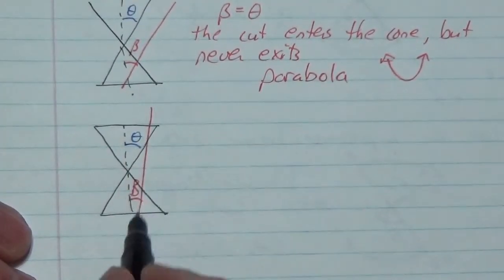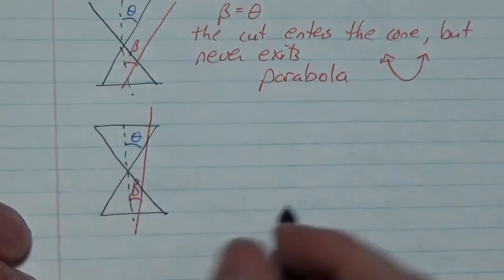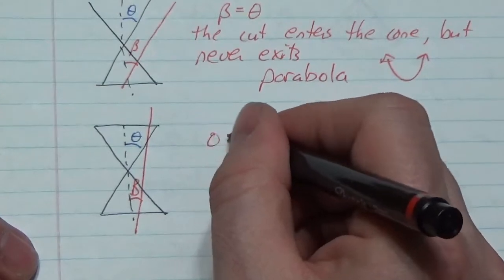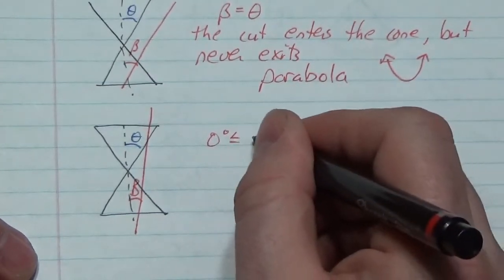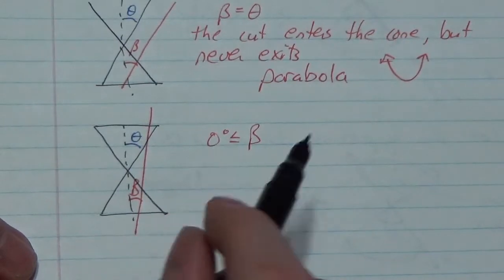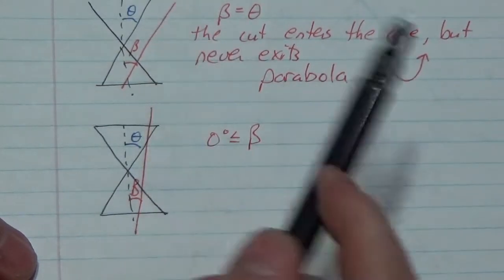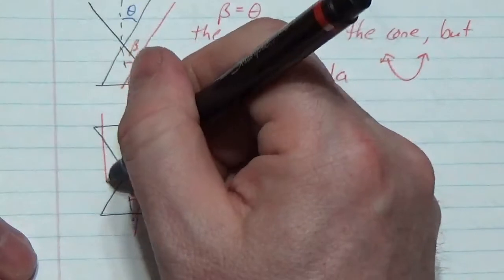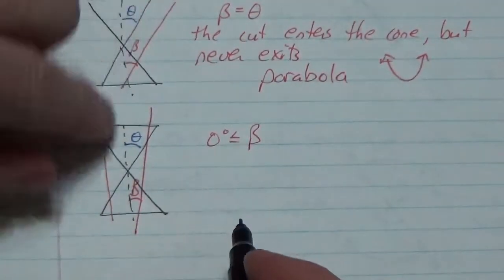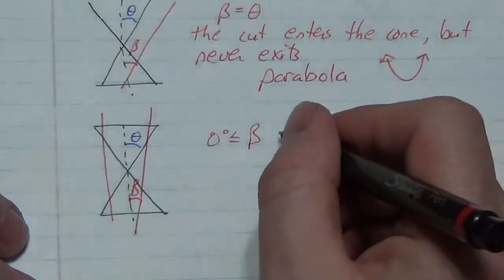This is the angle between the cutting plane and the axis. And in this case right here, it turns out my beta is going to be greater than or equal to 0 degrees, because 0 degrees could look like this. It could be, for example, straight up and down, where it never actually intersects it. It's basically parallel to the axis of symmetry.